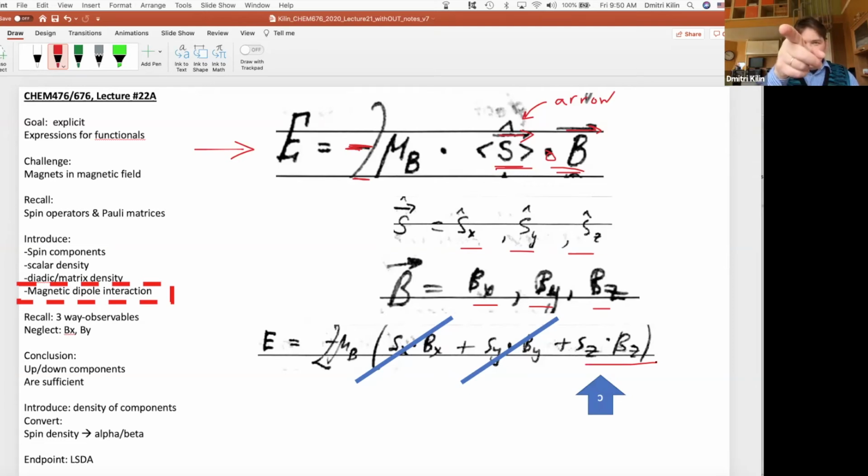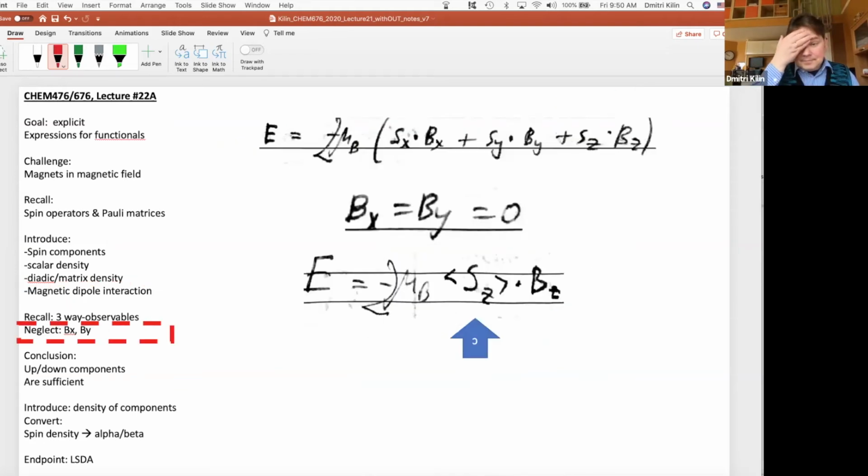It will be directing only forward or backward, and our magnetic field will be only along the Z direction. It is a very big approximation, but it works in a lot of practical applications, and it also already helps to resolve some things.